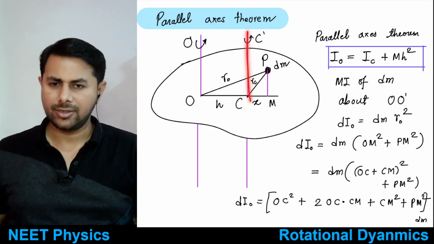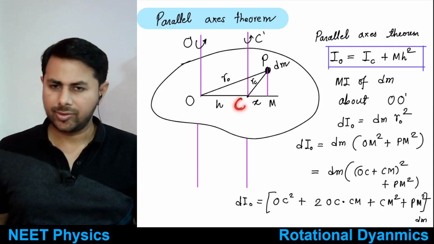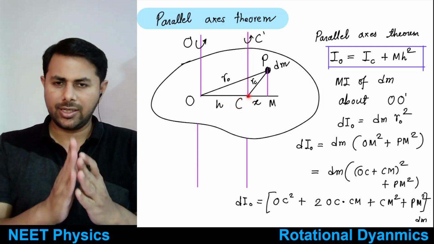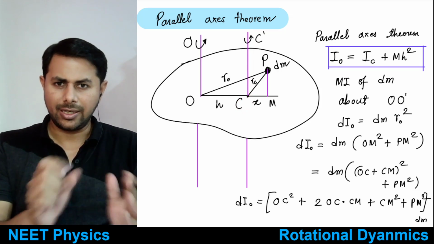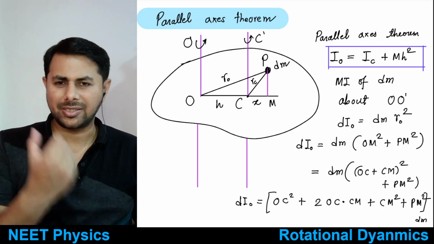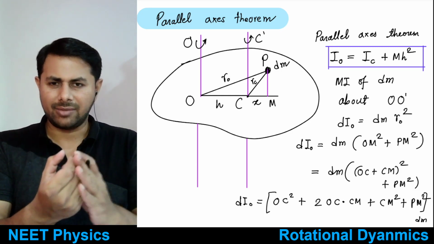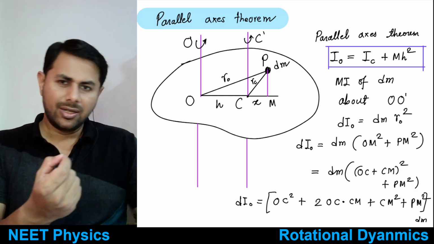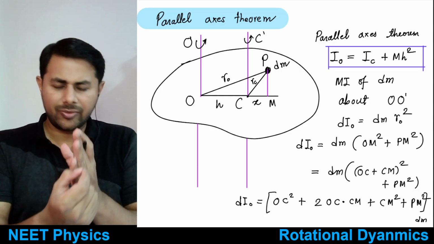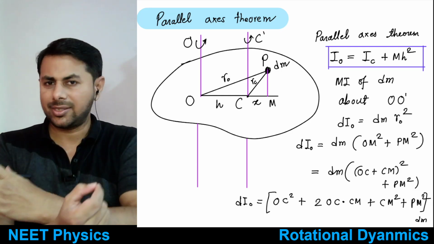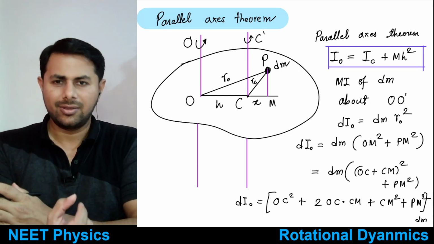Suppose you call this one the x-axis. This is an axis passing through the center of mass. So you can say this is the origin. You can consider the center of mass to be at the origin. So if there is some mass towards the right-hand side, there would be the same amount of mass towards the left-hand side of the center of mass, right?